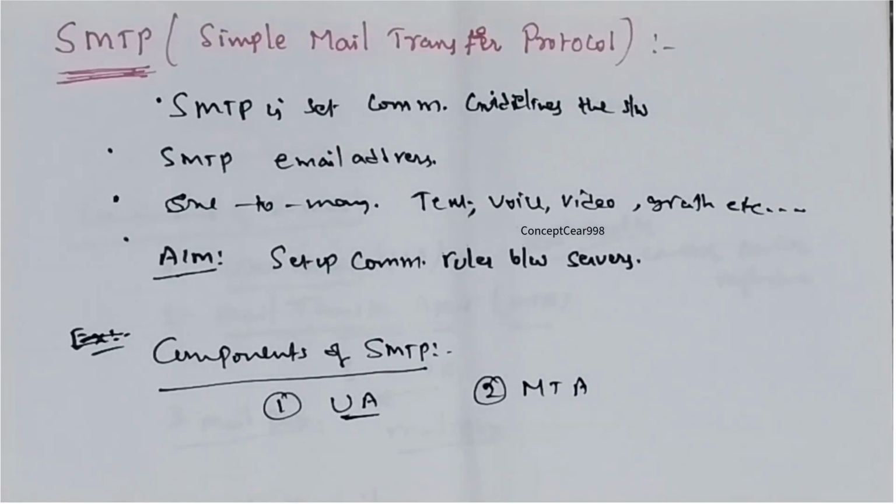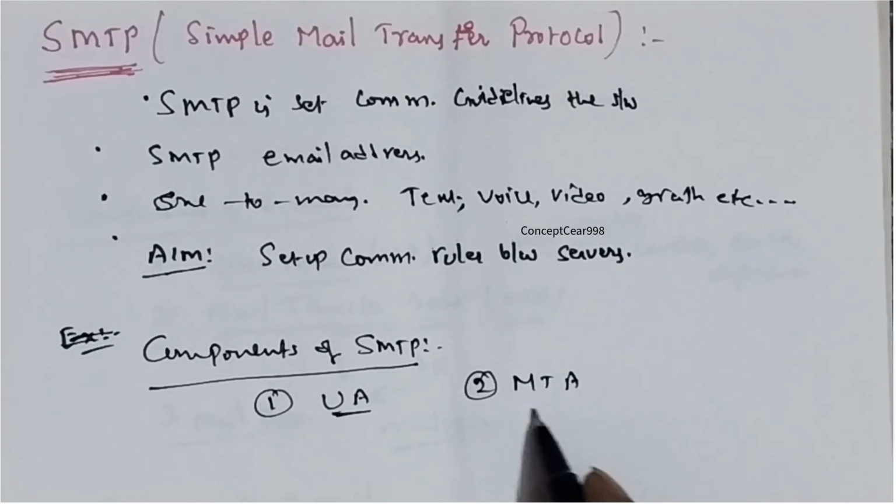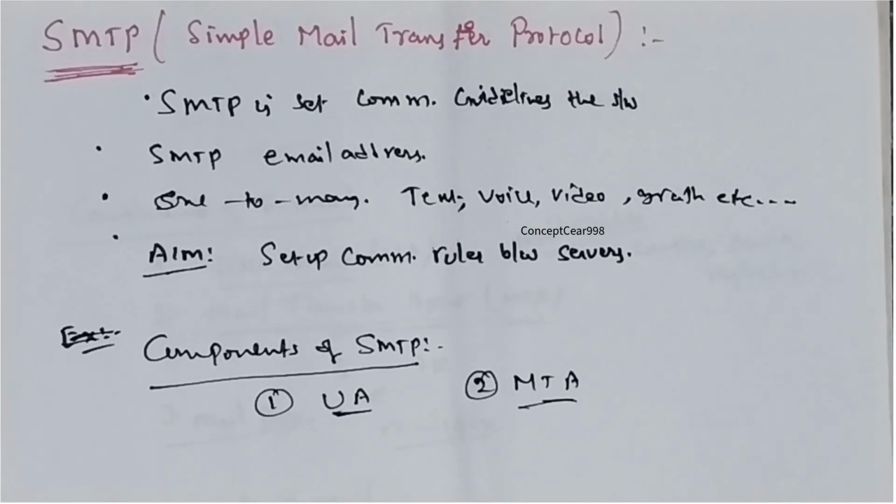The user agent prepares the messages, creates the envelope, then puts the message into the envelope. That is sent to the mail transfer agent. What is the mail transfer agent? The mail transfer agent sends the emails from the sender side to the receiver side.